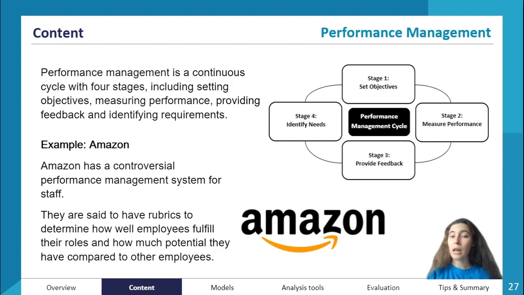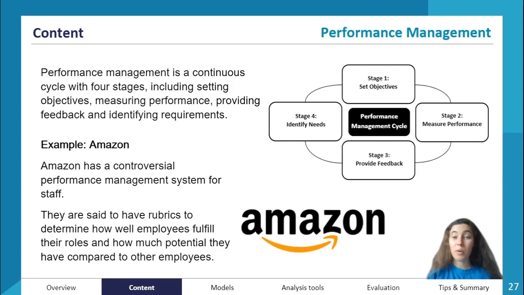You now understand what your performance was like and how it compared to your original objectives. You've given feedback to employees, you've come up with some strategies and identified the requirements that will help you improve, and then you can reset new objectives that reflect that whole process and what you found as a result of that.